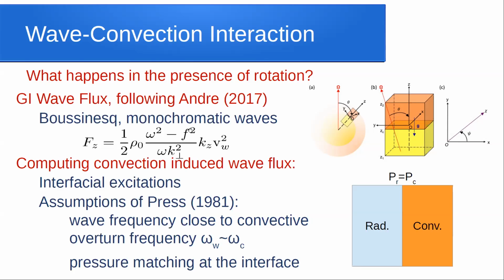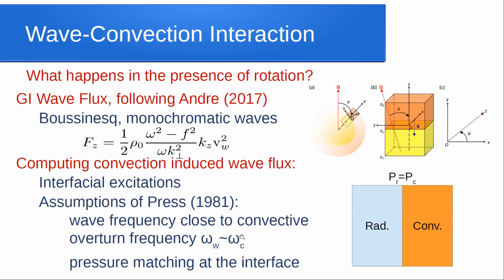And that allows you to then get an estimate of what the wave flux should be through the interface and in the radiative region. And one of the first really nice analyses of these was by Press in 1981. So there are a few constraints in using this model of Press. This is really focused on interfacial excitation, in this boundary between the convective and radiative regions.